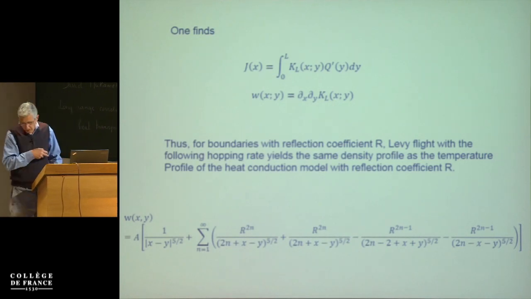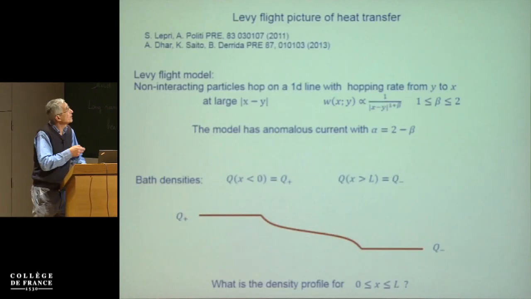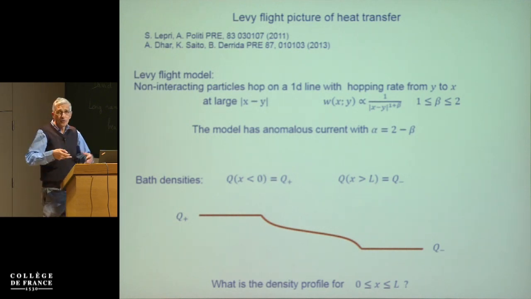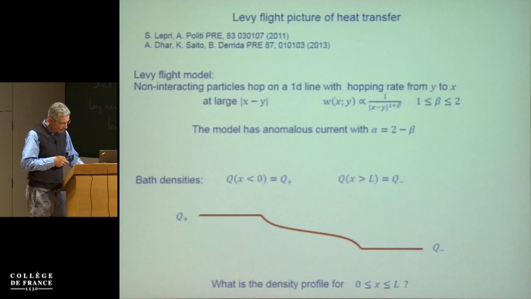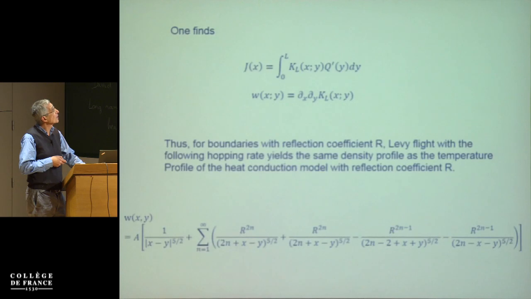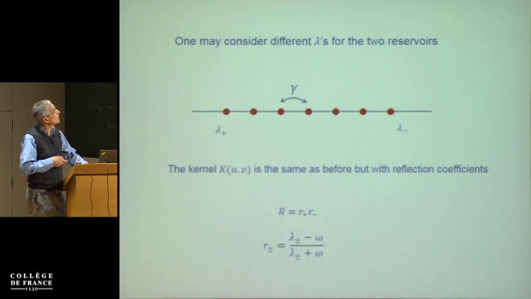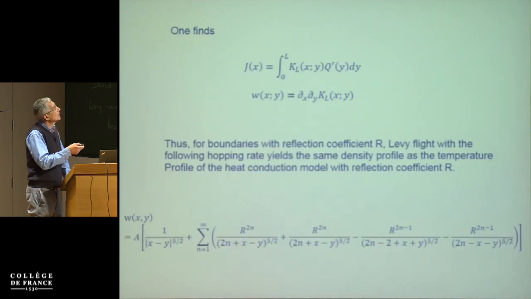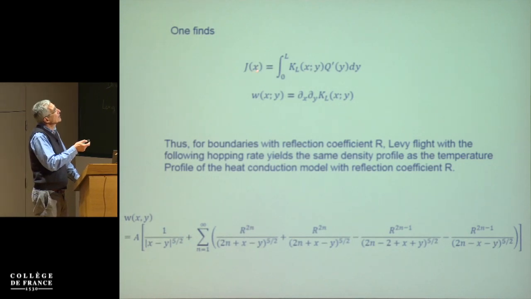Now it turns out that this work, the first one, was mainly numerical, and the work here of Dhar, Saito, and Derrida was analytic for the case of reflection coefficient equal to 0. So it turns out that for this model, one finds that the particle current is related to some kernel times the gradient of the density.